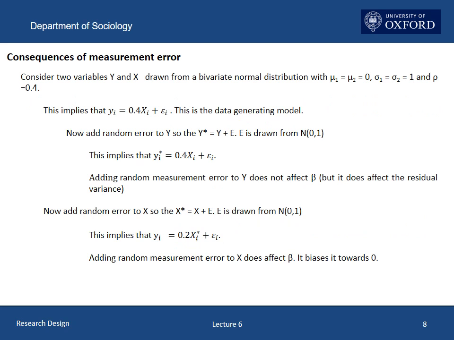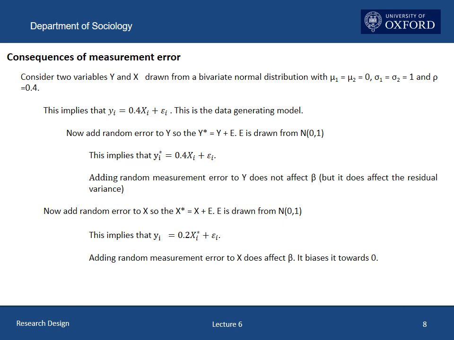Let's now move on to the second section of the lecture. We're going to look a little more closely at the consequences of random measurement error. Consider two variables, y and x, drawn from a bivariate normal distribution where the means are equal to 0, the standard deviations are equal to 1, and the correlation is equal to 0.4.